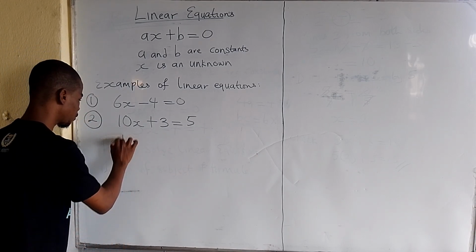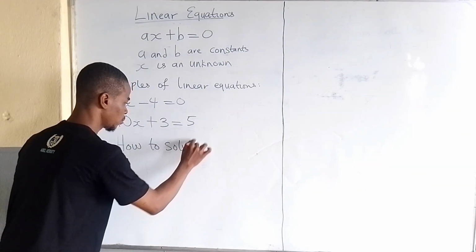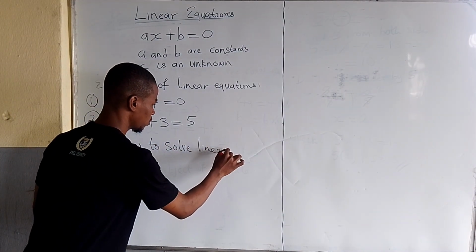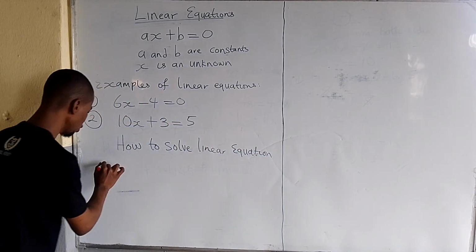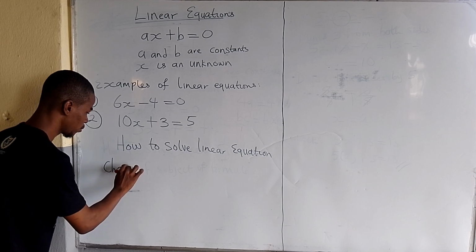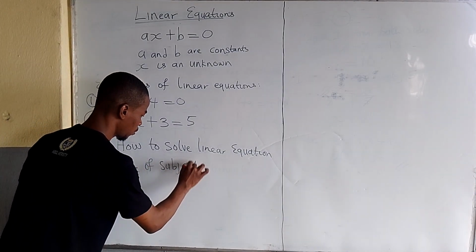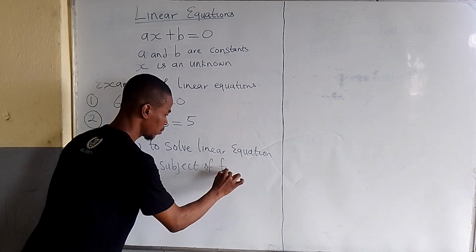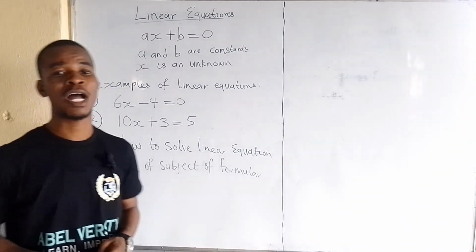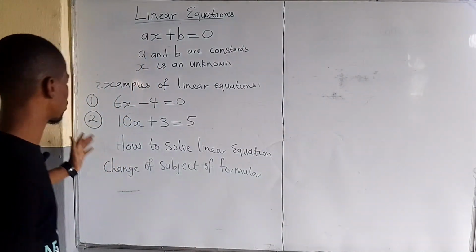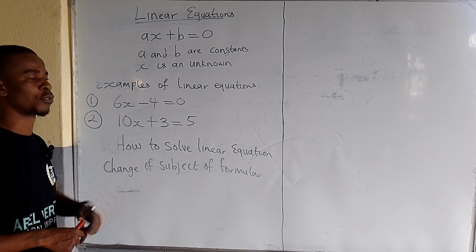That means all you have to do is apply your knowledge of change of subject of formula, and you'll be able to solve for the unknown in a linear equation.